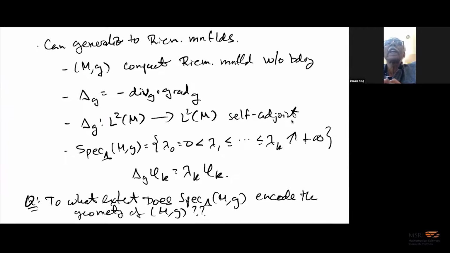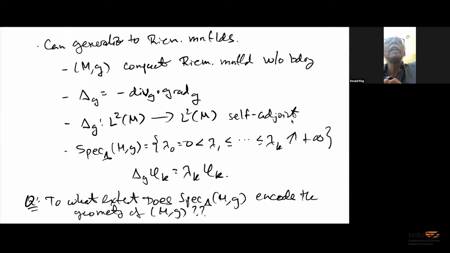So one of the things we'd like to do is be able to generalize our results for this two-dimensional or three-dimensional example to more general manifolds.